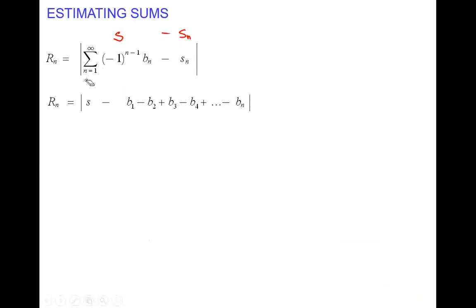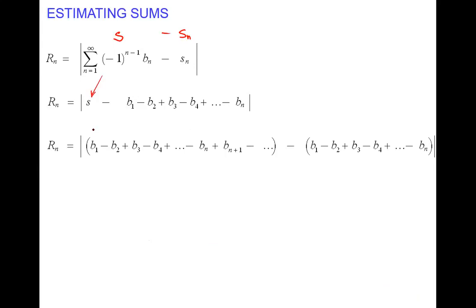This represents the entire sum, S. And I have the expanded form one more time. This is the entire sum S, and this is just up to b sub n, which is the partial sum, adding n terms.